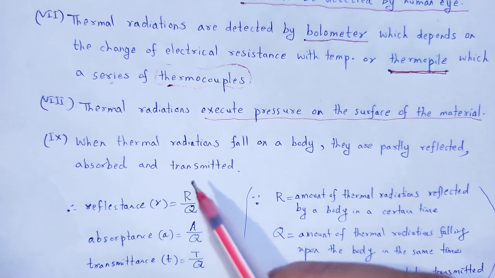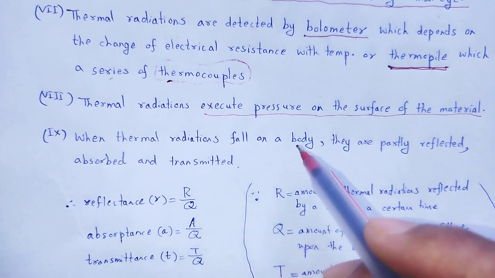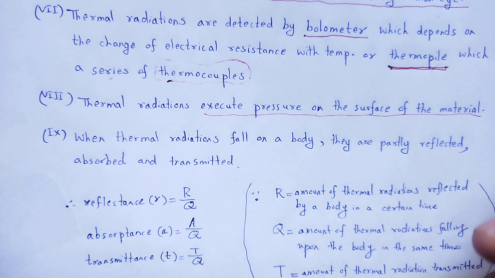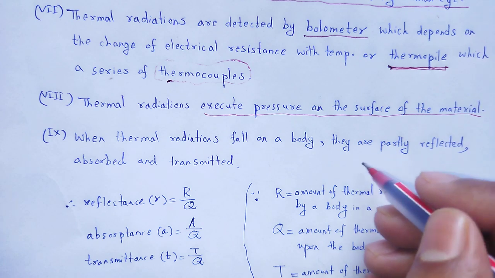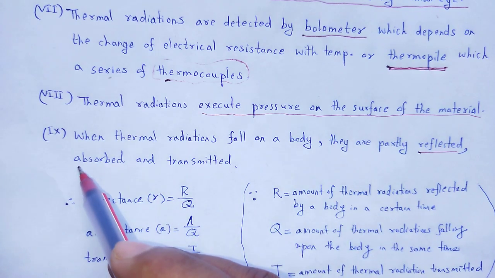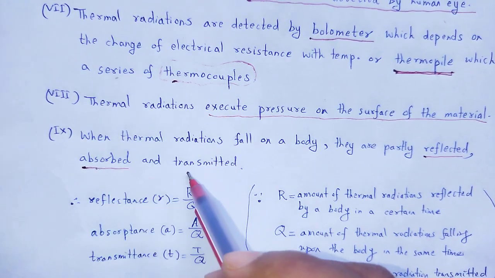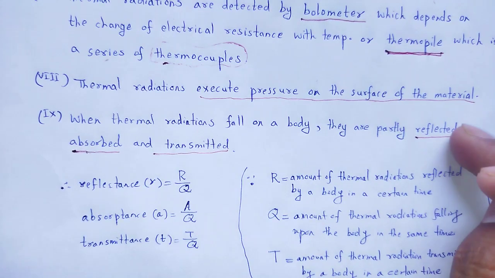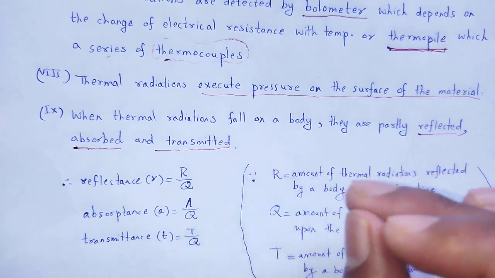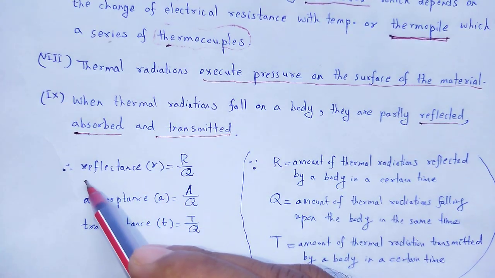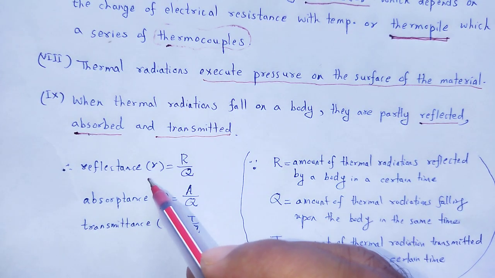Next point: when thermal radiations fall on a body, like light, some portion is partly reflected, some is absorbed and some is transmitted, and the measurement of such reflection, absorption and transmission is defined by terms. First, we define reflectance.